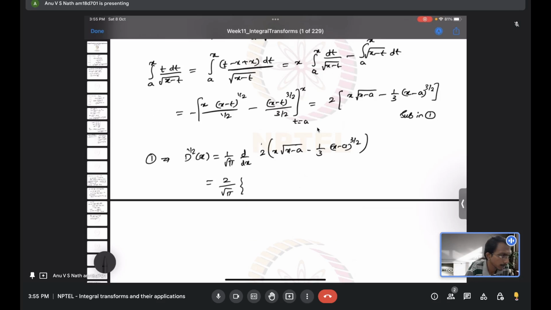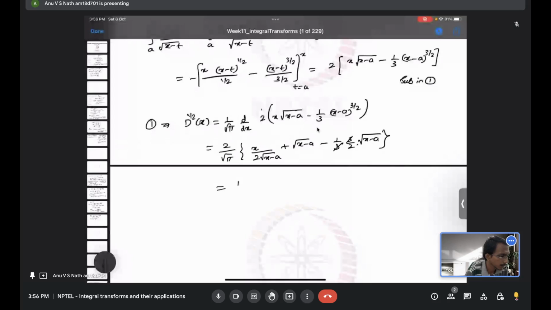Then differentiation we can apply by parts, like first into derivative of second, which is 2 root of x minus a times 1 minus 1 by 3 times 3 by 2 (x minus a) the whole raised to half. 3 and 3 will cancel, so this we can simplify to 1 by root pi times x by square root of x minus a plus square root of x minus a, which again we can simplify to (2x minus a) divided by root pi times root x minus a.